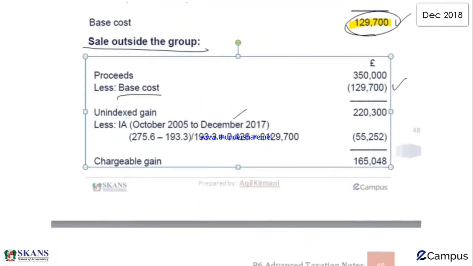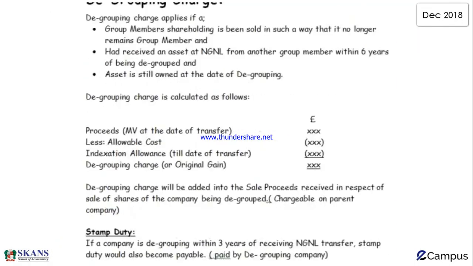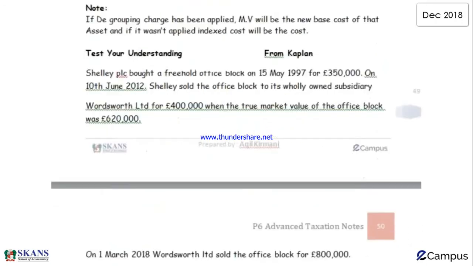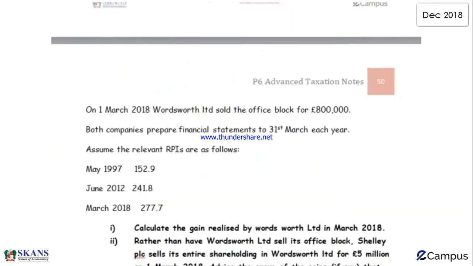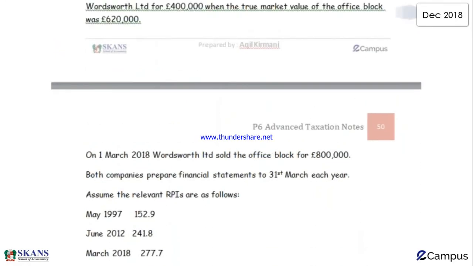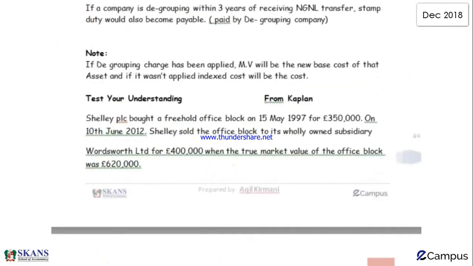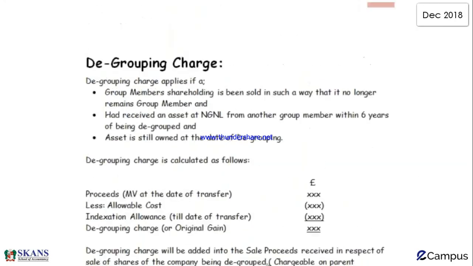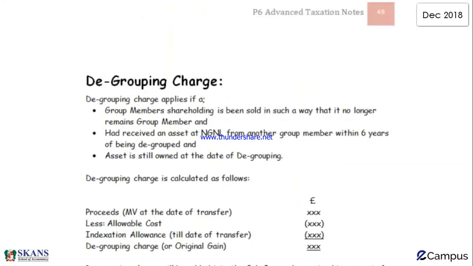All right, now let's try to focus on the brackets which we left earlier. For those brackets to be considered, from now onwards, you should keep in mind whenever in the exam you find a situation in which, let's say there was this company A Limited which owns B, C, and D, let's say wholly owned, that is 100%.